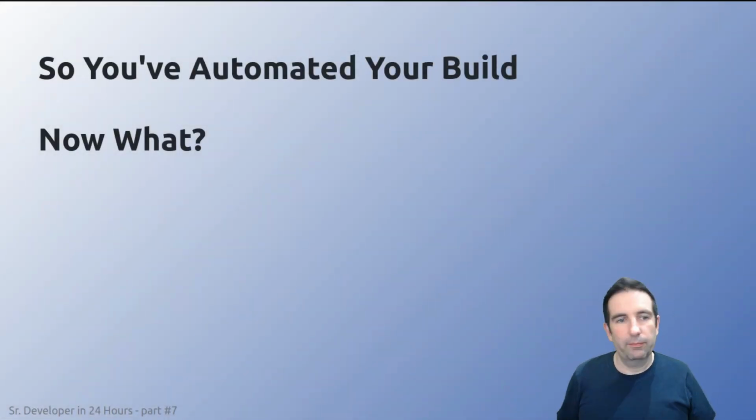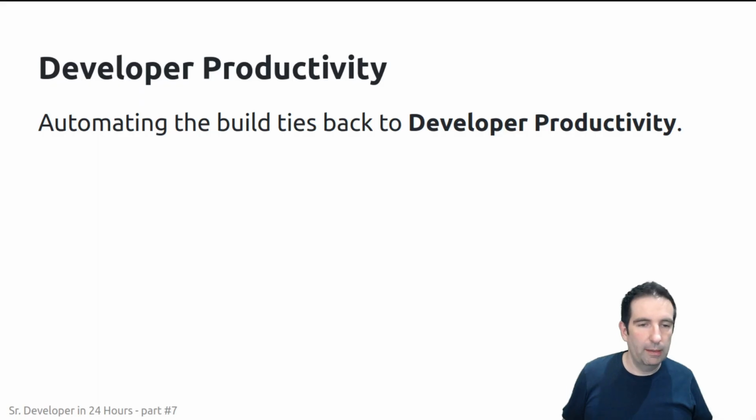All right, so we've automated our build. Now what happens? Let's circle back and remember that one of the main reasons why we automate the build is developer productivity. Sure, there are other uses like the continuous integration server and things like that that also play a part, but one of the key objectives that we have to keep in mind is that we automate the build to improve developer productivity.